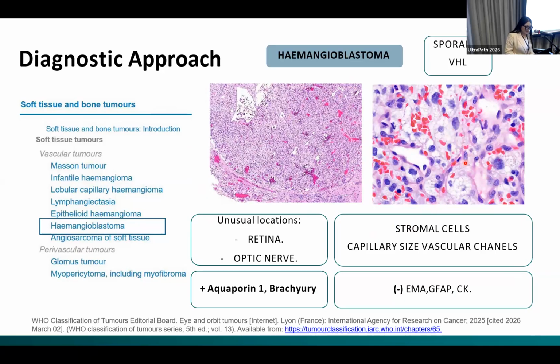But I think in this case, it's not the best possibility because the cytoplasm is highly characteristic with this aspect. And this entity is positive for aquaporin and brachyury, but negative for EMA, GFAP, and cytokeratins.